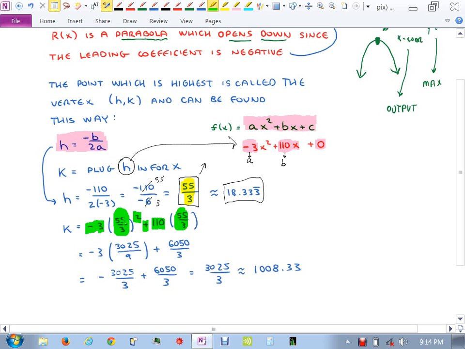Now, plugging in, I have to actually square 55 over 3. On my calculator, I square 55 and get 3025. I square 3 and get 9. Over here, the 110 is like 110 over 1. I multiply straight across. 110 times 55 is 6050. 1 times 3 is 3.